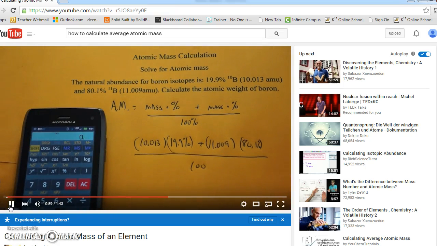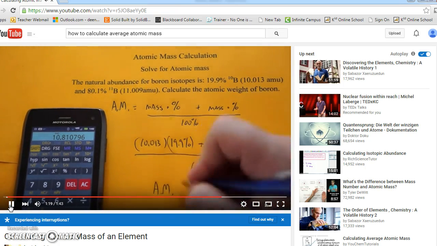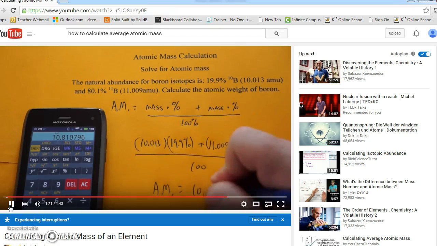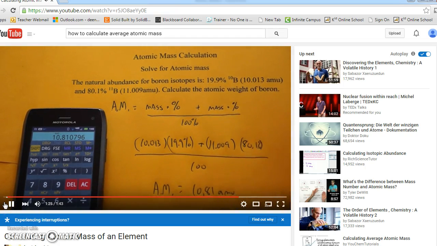So 10.013 times 19.9 equals, and we're going to add that to 11.009 times 80.1, and then divide that by 100. And we get an atomic mass of 10.81, and that's going to be AMUs. If it's the molar mass, the units just change.